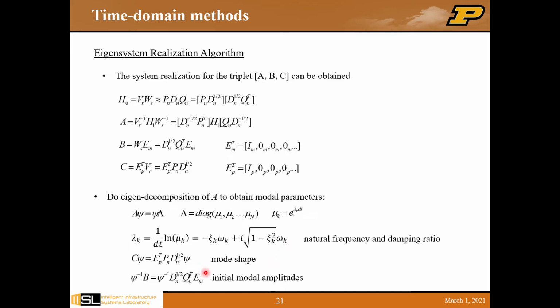Regarding the mode shape, it is equal to C times psi, which is equal to E_p transpose times P_n times D_n to the 1/2 times psi. The other important item is the initial modal amplitudes, equal to psi inverse times B, which is equal to psi inverse times D_n to the 1/2 times Q_n transpose times E_n.